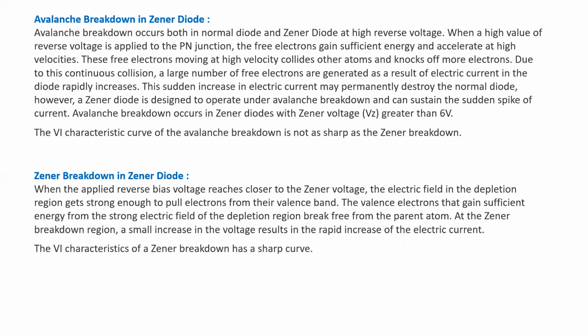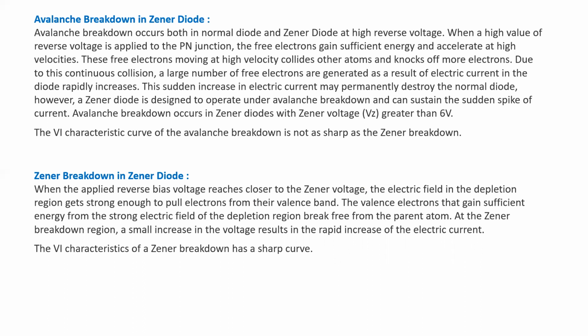The free electrons moving at high velocity collide with each other and generate more and more electrons, due to which continuous collision occurs. And the free electrons generated as a result cause the electric current in the diode to increase rapidly. After the collisions of these electrons, the current increases rapidly.